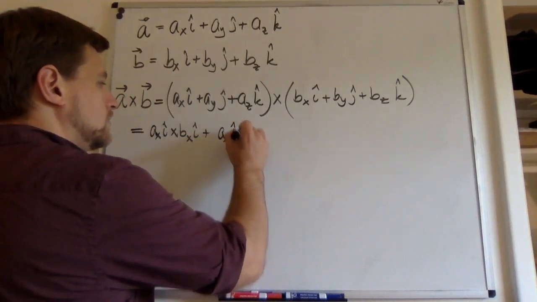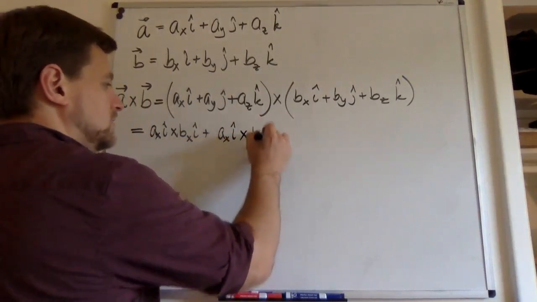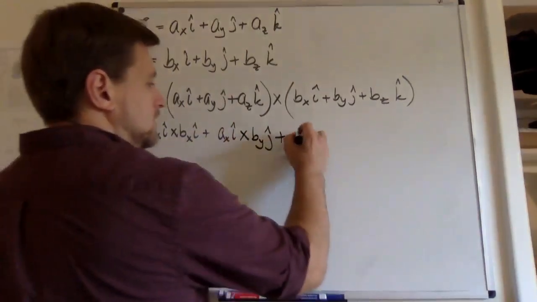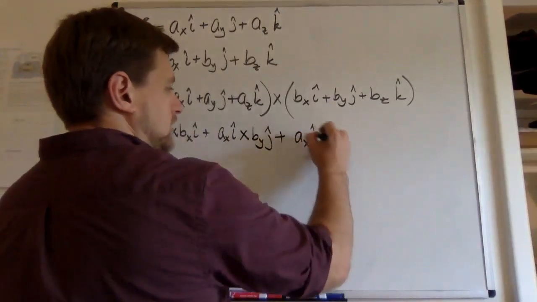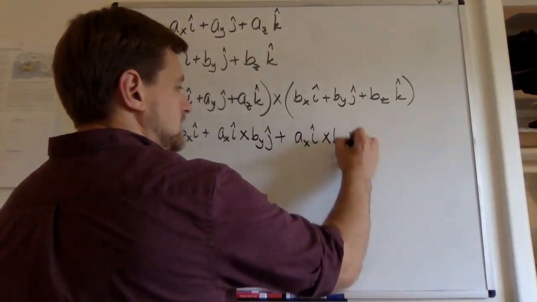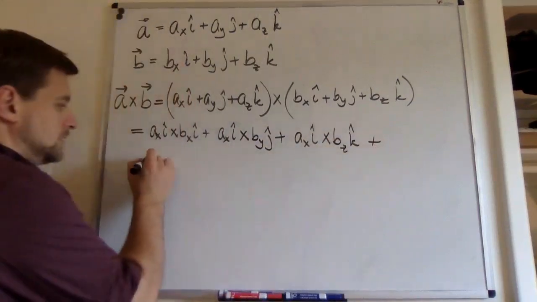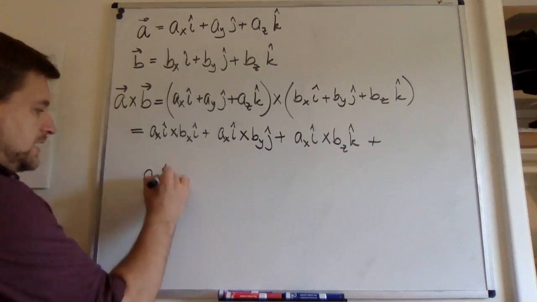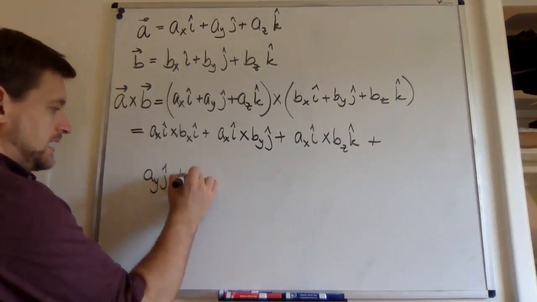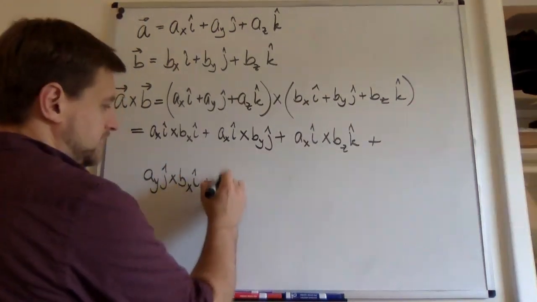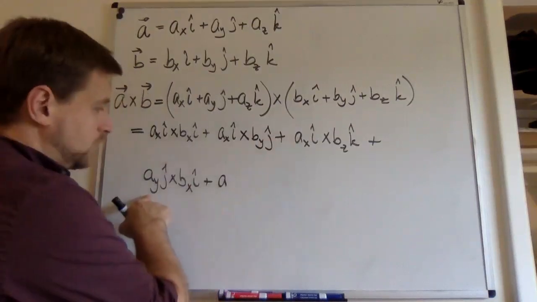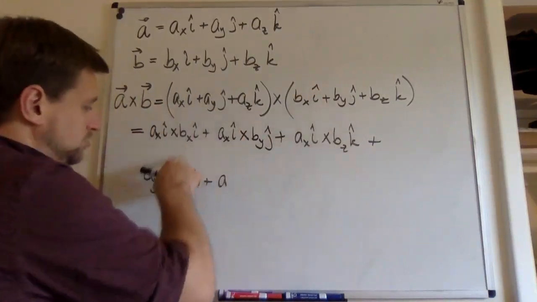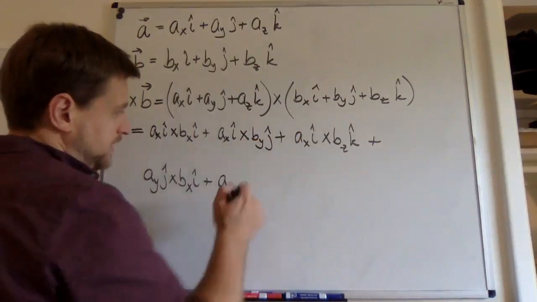AXI cross BYJ plus AXI cross BZK plus AYJ cross BXI. And now we can kind of follow a pattern. On each row, we'll use AY, and on each column, we'll keep BX, BX, BX, BY, BY, BY.